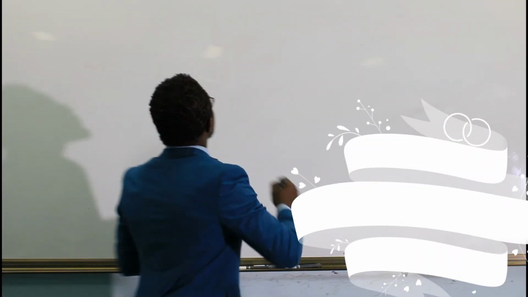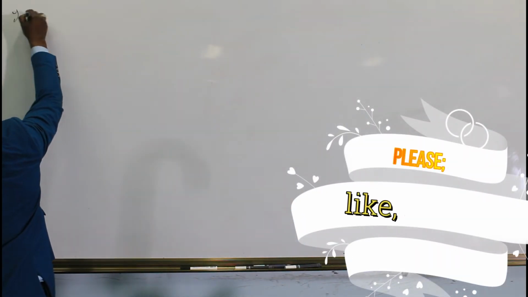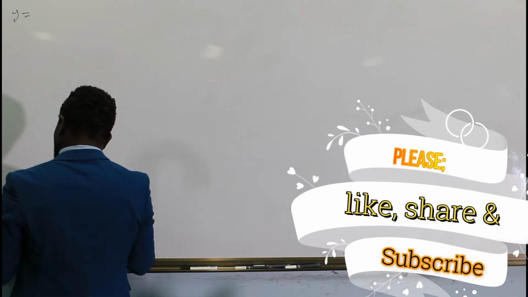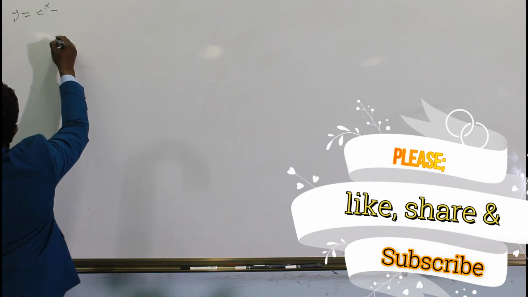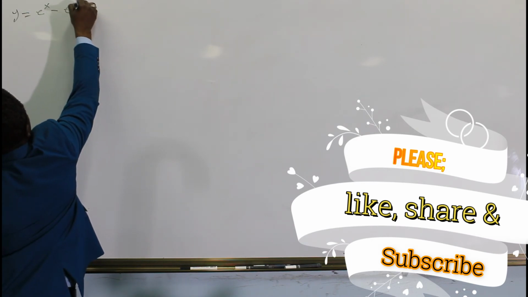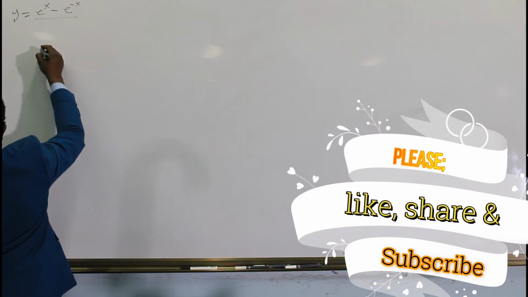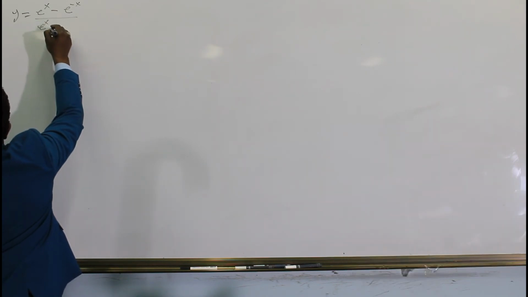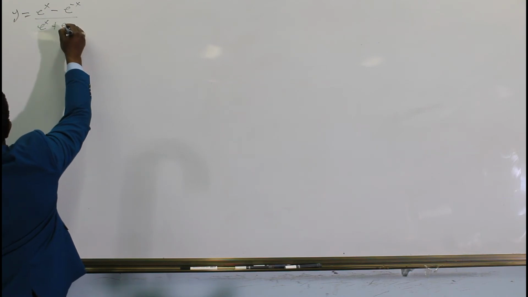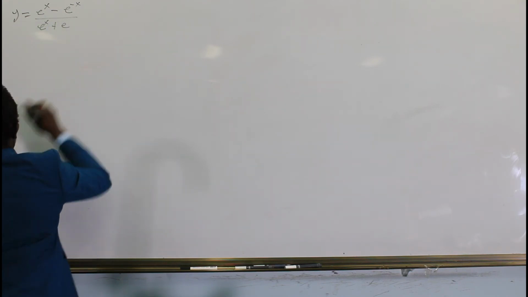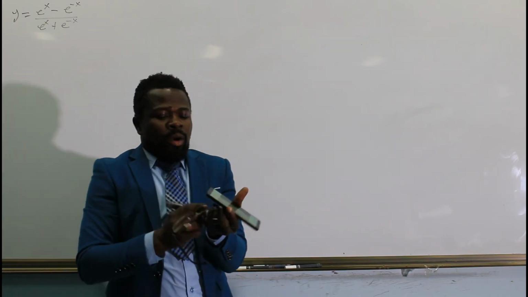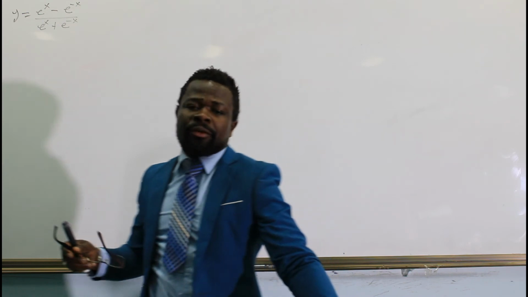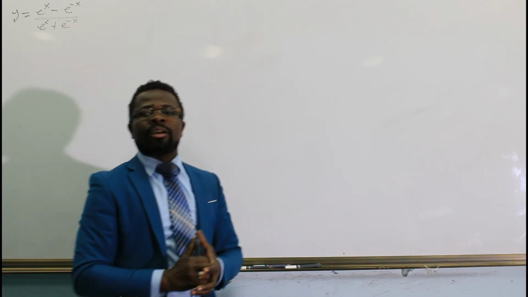It wants us to find the derivative of this function: y equals e exponent x minus e exponent negative x, divided by e exponent x plus e exponent negative x. This is what we are told to find the derivative of.